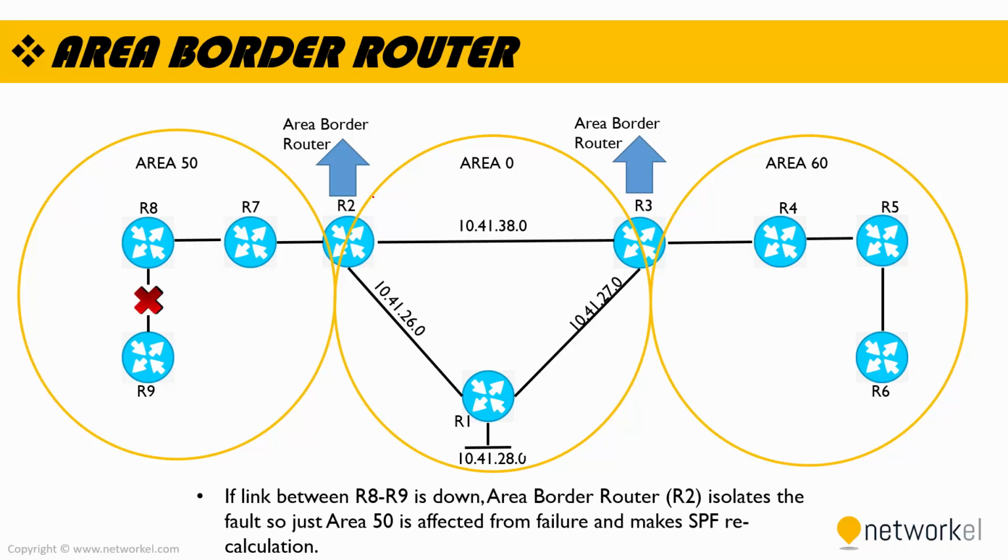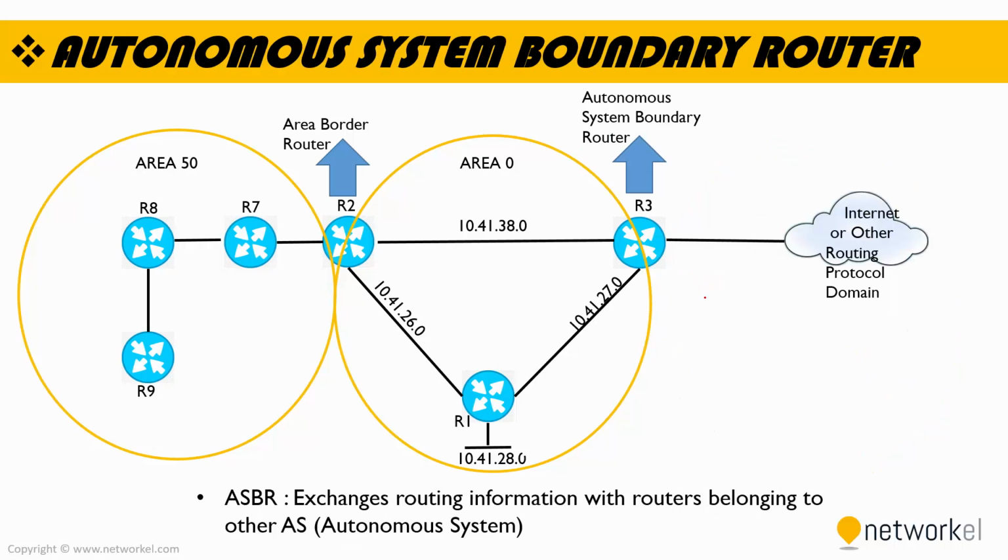For example, if the link between router 8 and router 9 is down, that means if there's a problem in an area, the area border router for this area, which is router 2, isolates the fault, and so just area 50 is affected by the failure and makes the SPF recalculation, and no SPF recalculation is made for this area, for example.